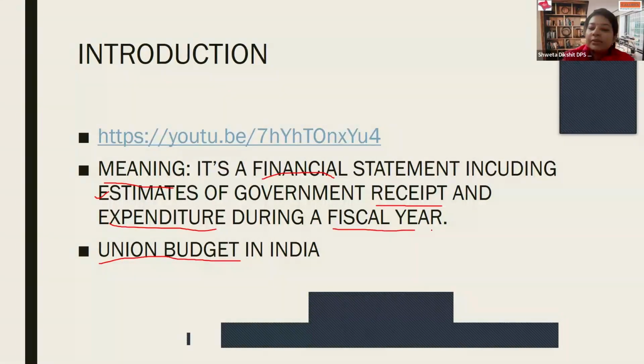Fiscal year means financial year. It's a one marker also, which starts on 1st of April in India and ends on 31st of March. I repeat, and if you're a commerce student studying accountancy, you know what a financial year is. So 1st April to 31st of March is the financial year.